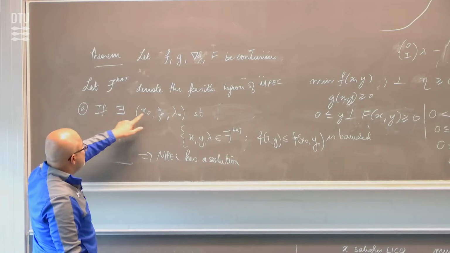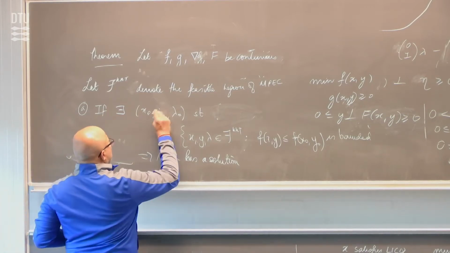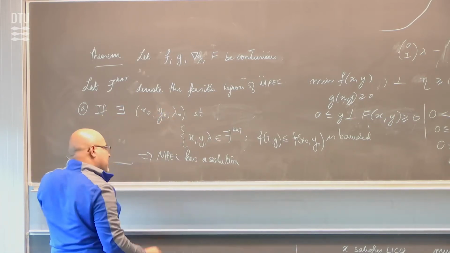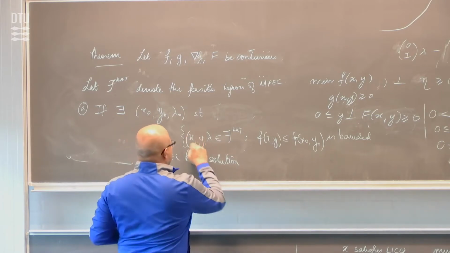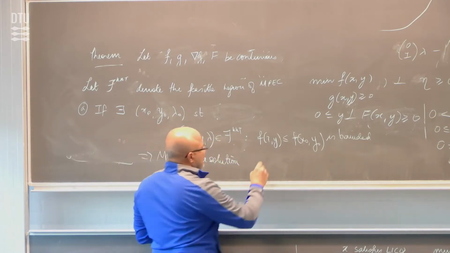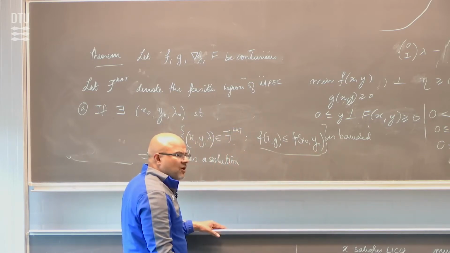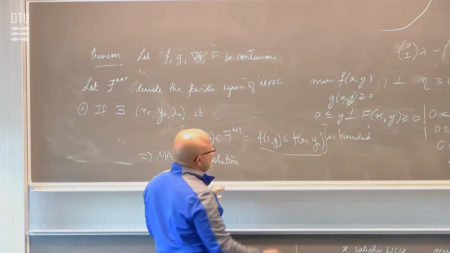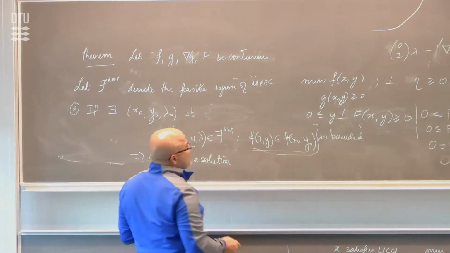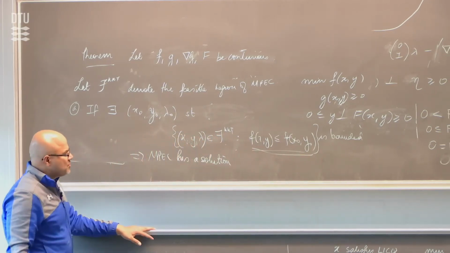So if there exists an x naught, y naught, lambda naught, such that the set of x, y, lambda that lie in this set, where this holds, so these are often called level sets, right? It's like a sub-level set. If this set is bounded, then the MPEC has a solution.